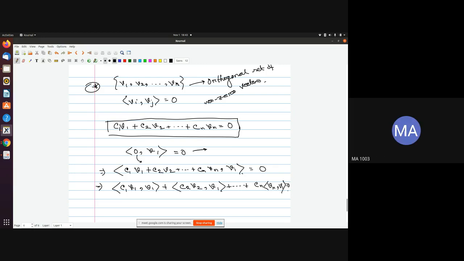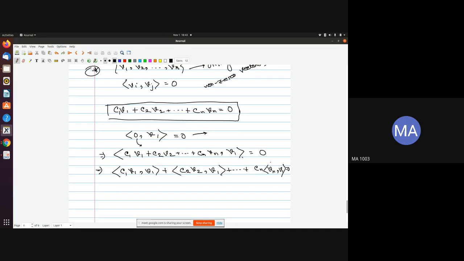Getting this one, up to Cn, Vn, I can take out all the scalars outside. This is what I can write down. Any doubt till this point? No, sir. What about these inner products? All these are 0, correct? Yes, sir, because they are orthogonal.